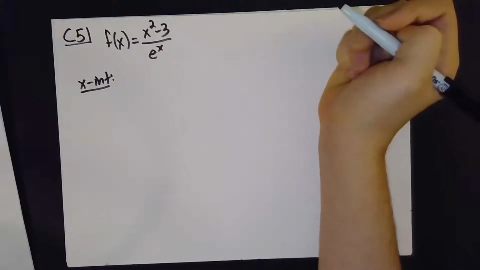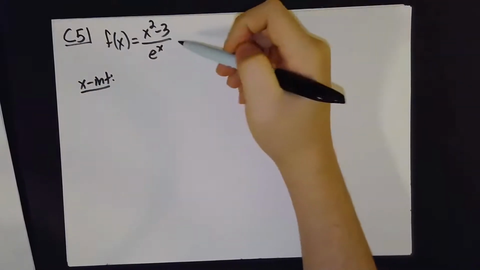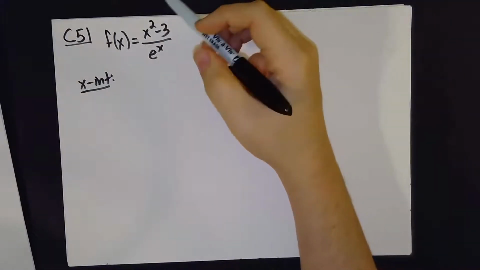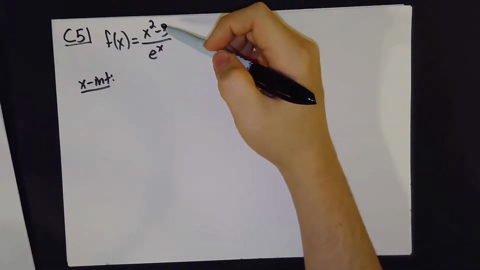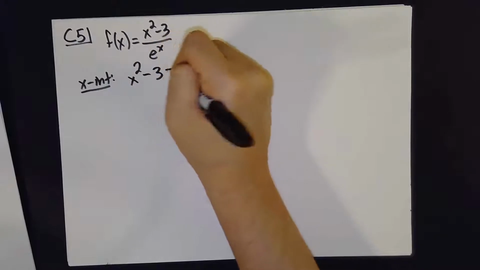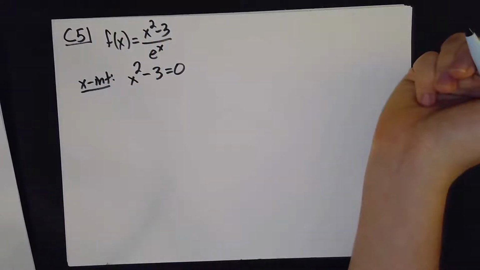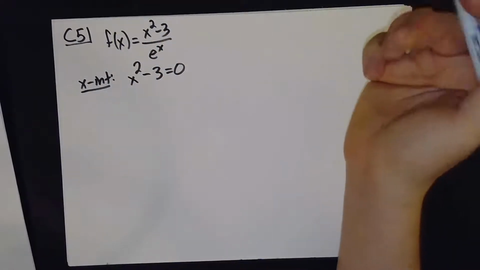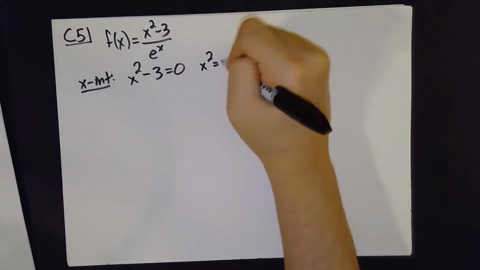Remember for x-intercepts, we're looking for where the function is 0. In this case, the function's a fraction, so I'm looking for where the fraction is 0. So I'm looking for x squared minus 3 being equal to 0, just the numerator, which gives me x squared is 3.